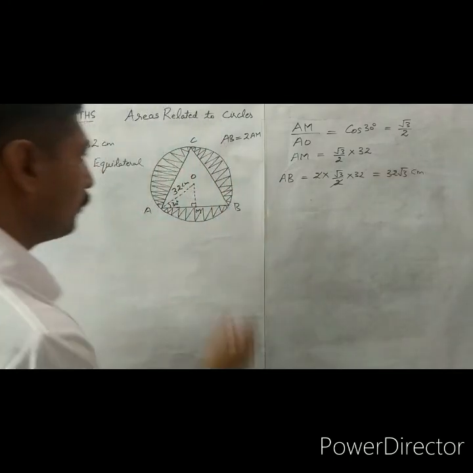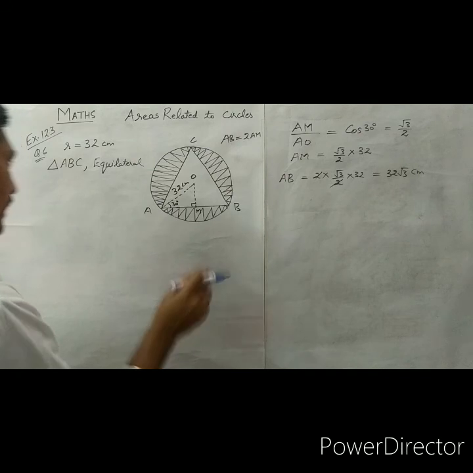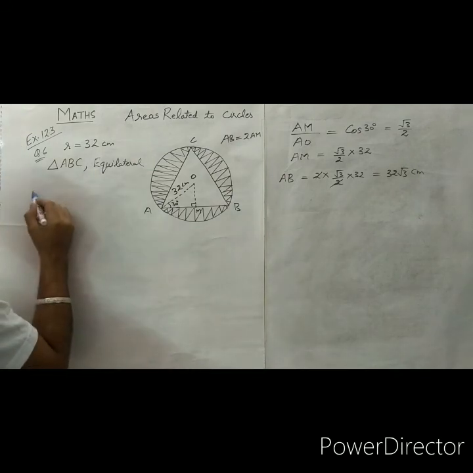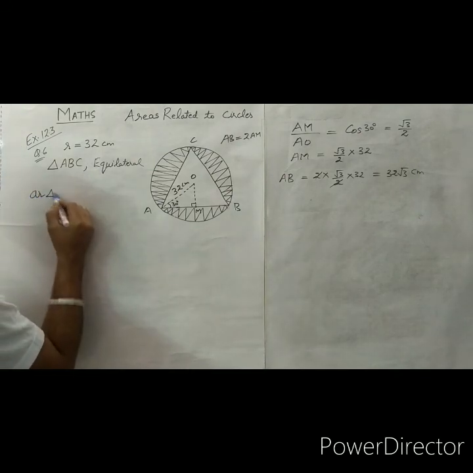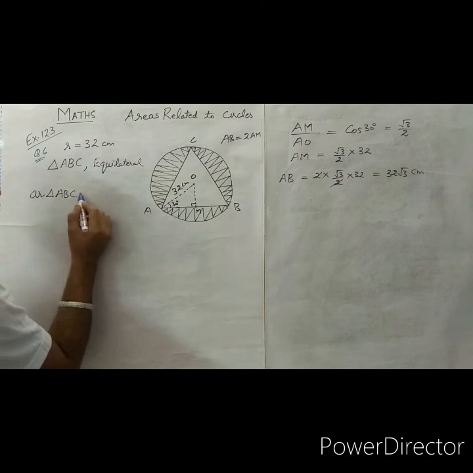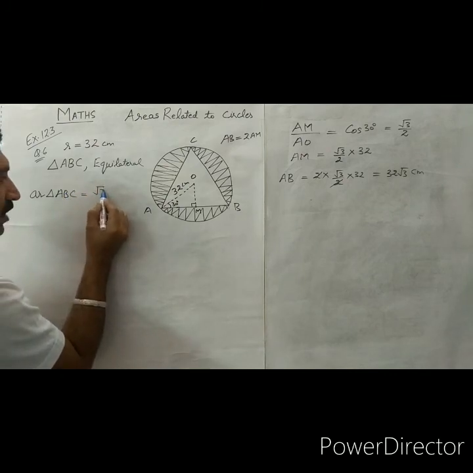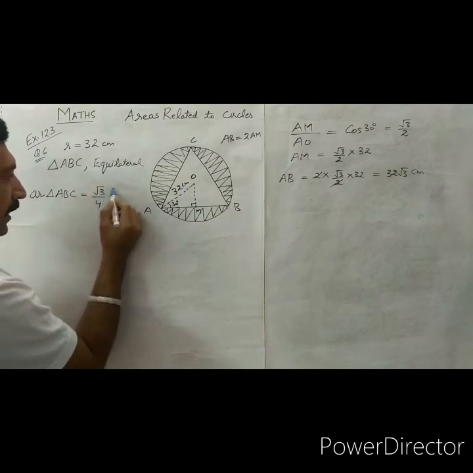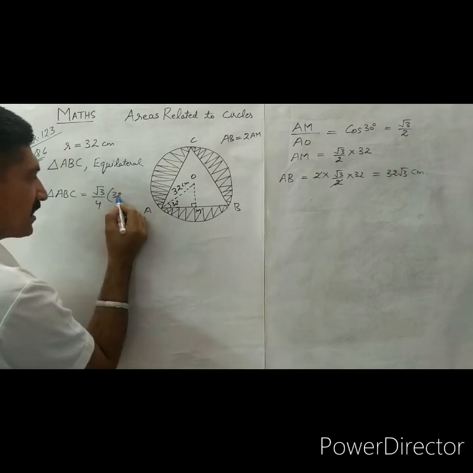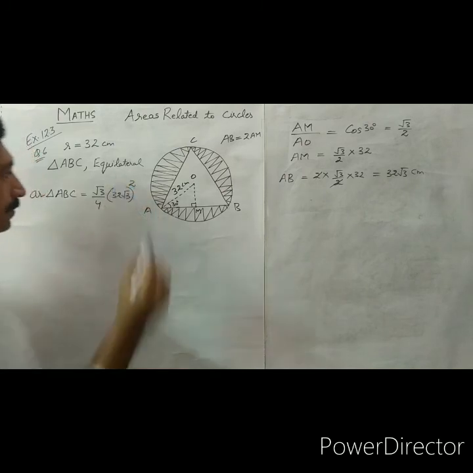Now to find the shaded area, here we also know the area of equilateral triangle ABC is equal to under root 3 upon 4 into side here is 32 under root 3 whole square.